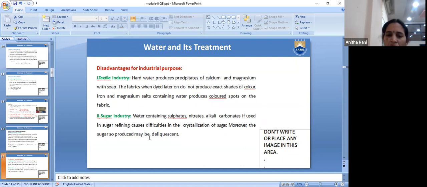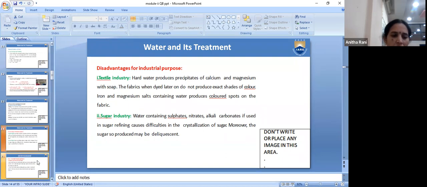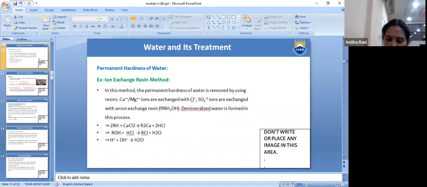So we have to use only soft water in the sugar industry. In boilers also we have to use only soft water, otherwise we get boiler corrosion. In the pharmaceutical industry we have to use only soft water, in the preparation of cosmetics, tablets, injections. Okay, so write some more points.